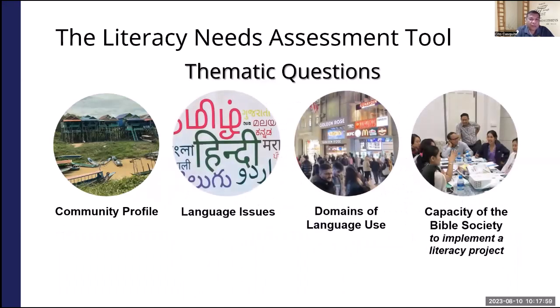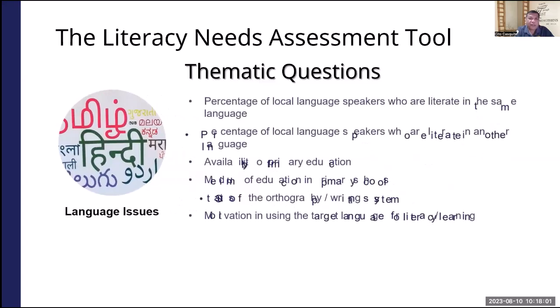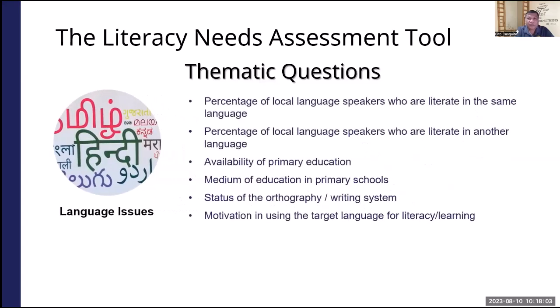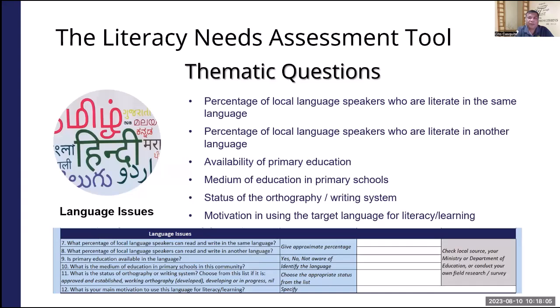And for language issues, we ask questions about the percentage of the local speakers who are literate in the same language, as well as the availability of primary education, and in what language it is. And then the medium of education in primary schools; the status of the orthography is also important.